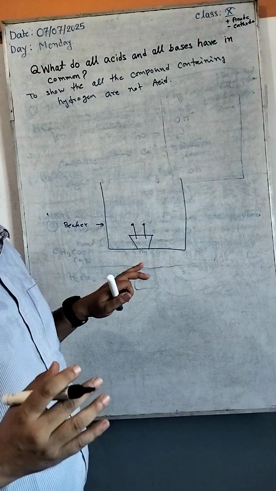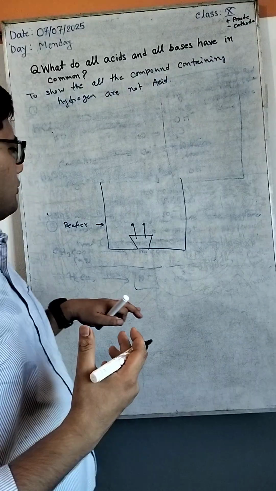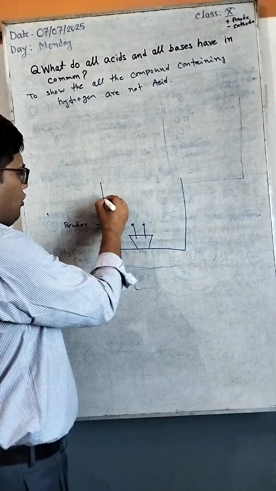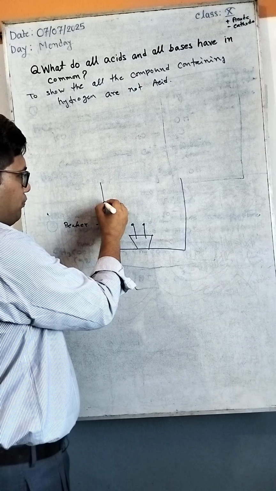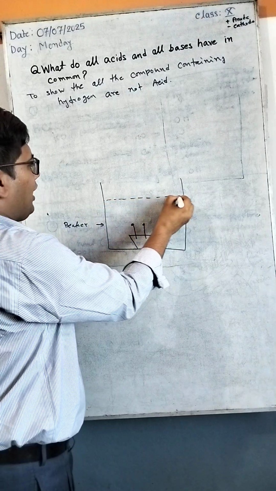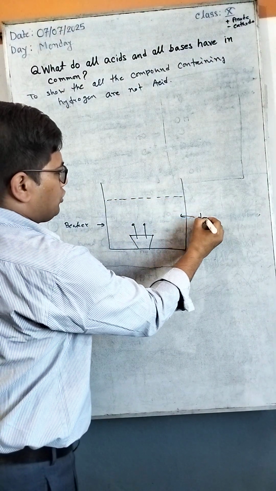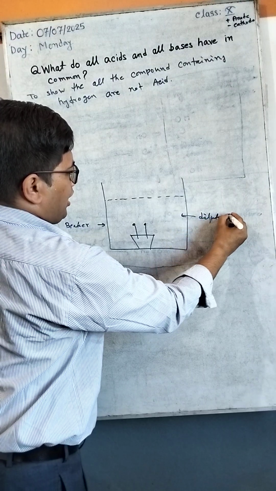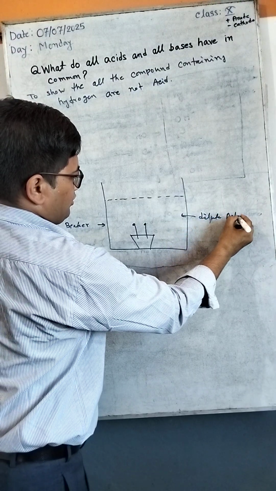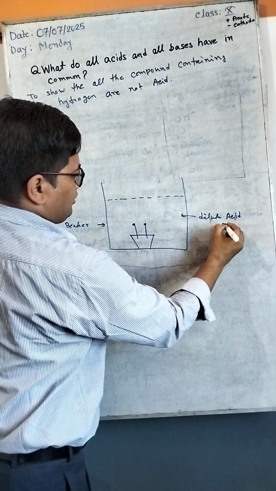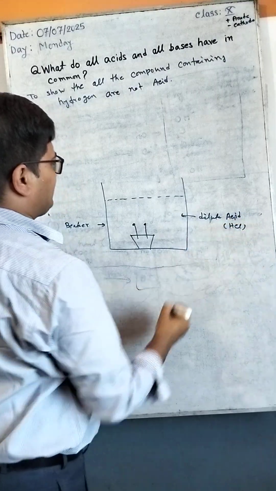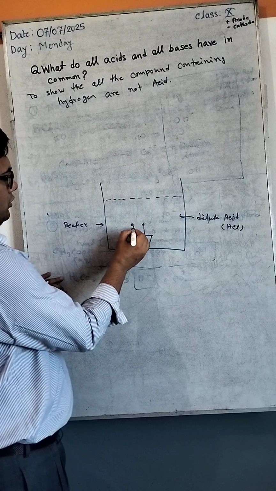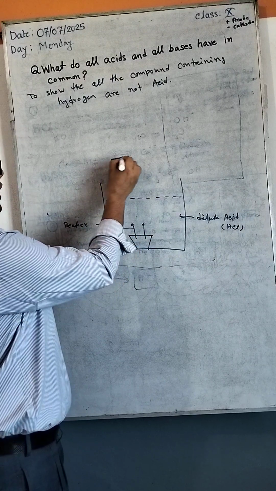Both nails act as electrodes, and this beaker you fill with dilute acid. Any acid, suppose HCl acid here.